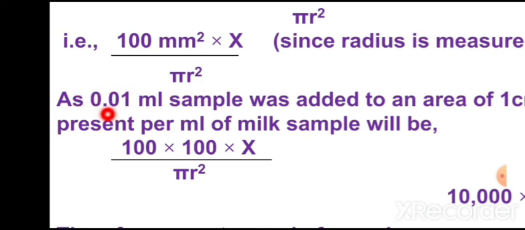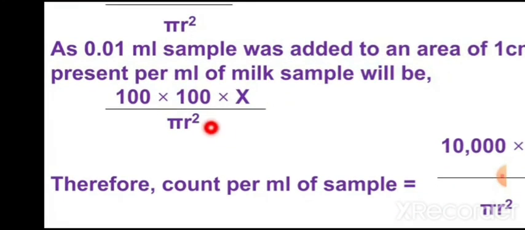This 0.01 will be on the denominator side, therefore when it goes here, it will be 100. This is per 0.01 ml and this is per ml, so you just convert 0.01 ml to 1 ml. So it will be 100 into 100 into x divided by pi r square. This will be the count of cells per ml of milk sample.